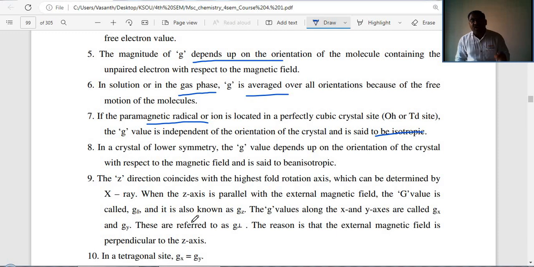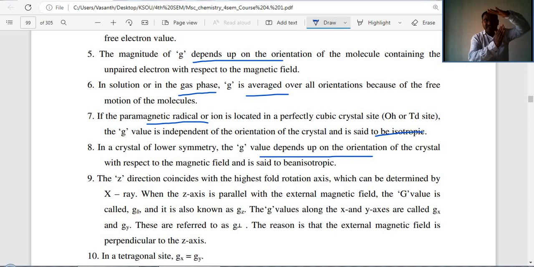In the crystals of lower symmetry, g value depends on the orientation of the crystal with respect to the magnetic field and is said to be anisotropic. The Z direction coincides with the highest fold rotation axis. It is determined by X-ray techniques.